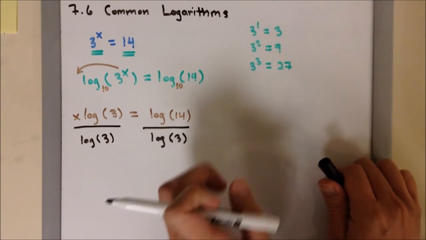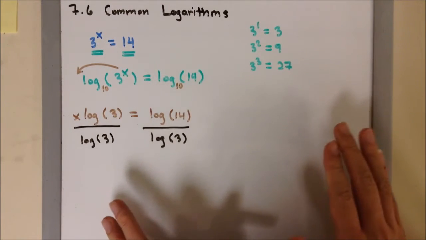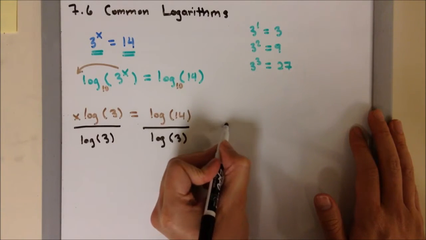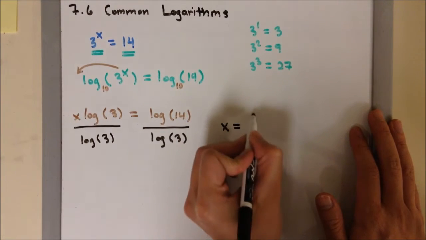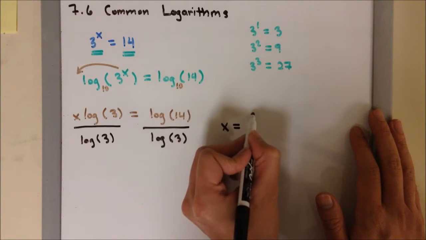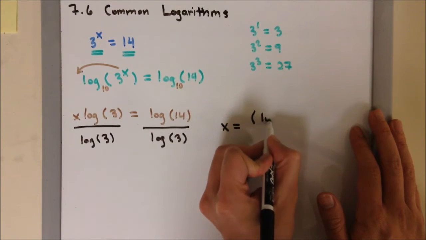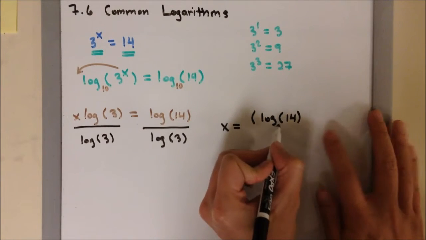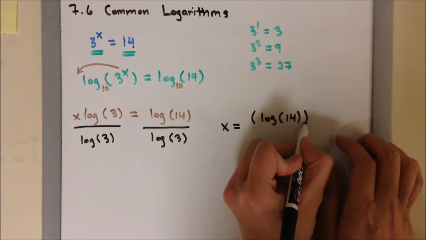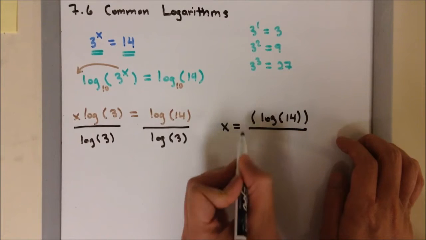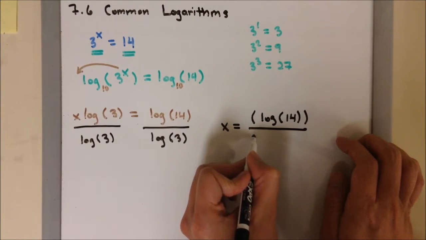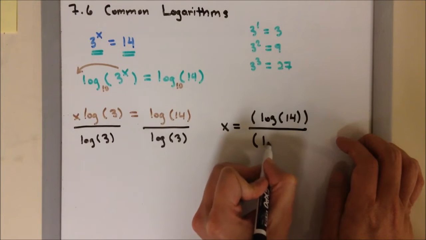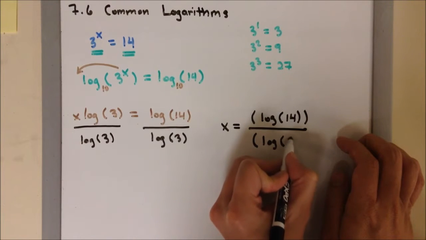Now, this is the most important part, especially when you're typing into a calculator. So x equals, on the numerator, I'm going to put in open parenthesis log of 14 close parenthesis, that's one set, and then another set. And then for the bottom, parenthesis log of 3.